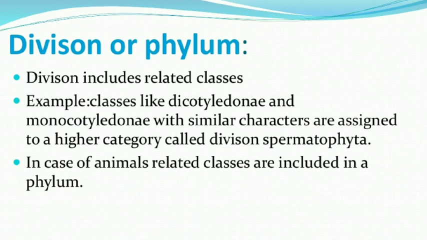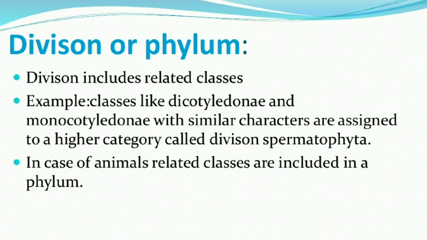In case of animals, related classes are included in a phylum. Okay, division is the term used for plant groups, phylum is the term used for animal groups. So this is how the hierarchy is done. So remember, division for plants, phylum for animals, right?